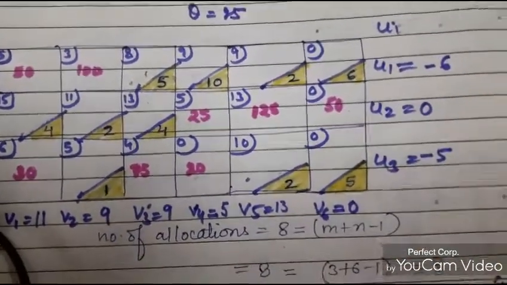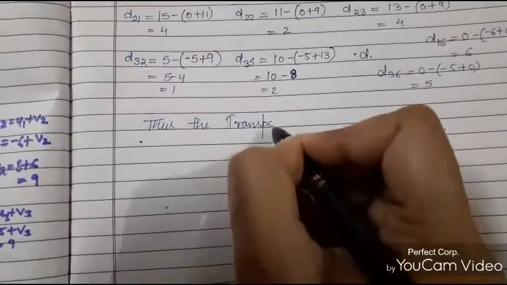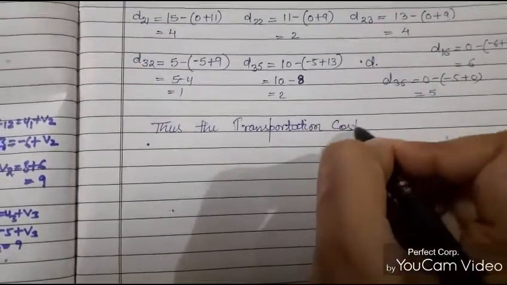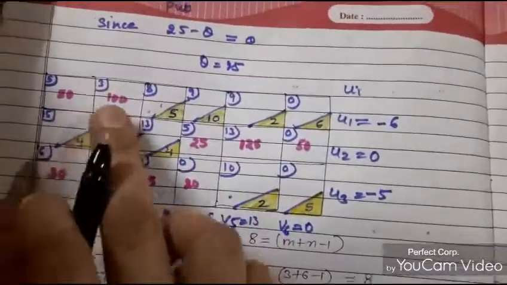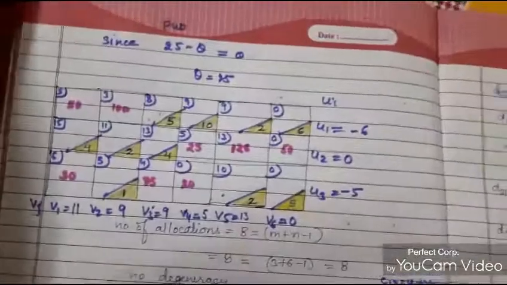That's it. The transportation cost now obtained by the given allocations will be the optimal transportation cost.